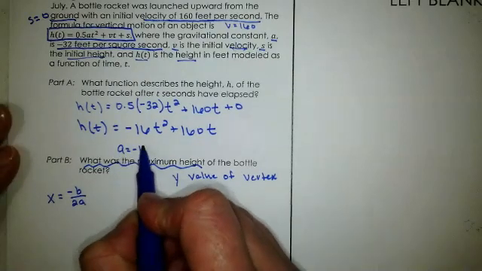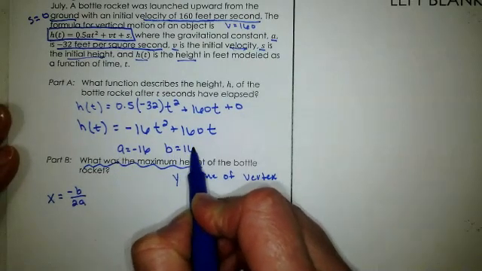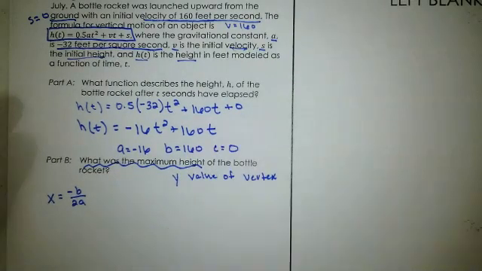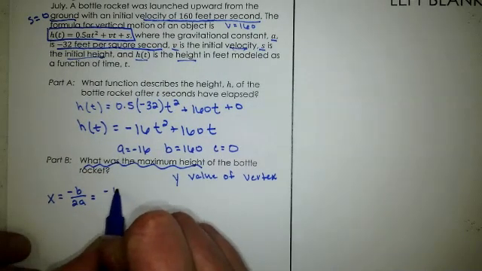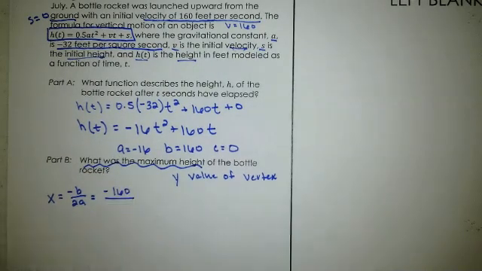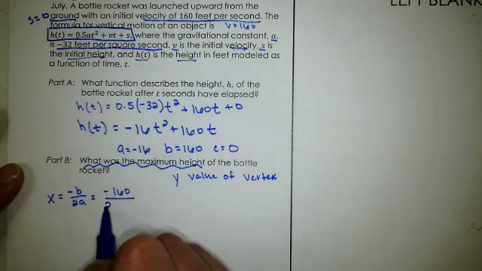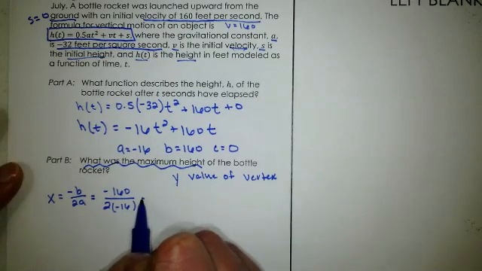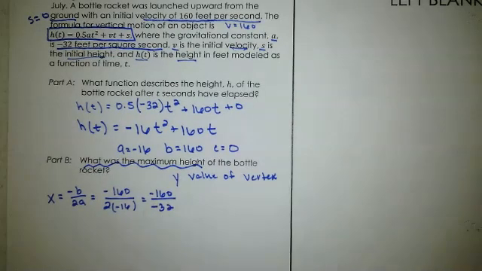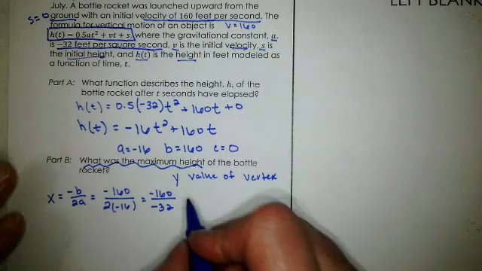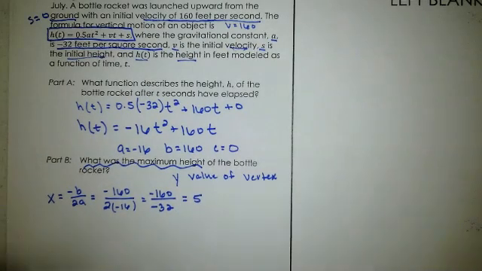A is negative 16, b is 160, c is 0. So plug our numbers in. The opposite of b divided by 2 times a. Negative 160 divided by negative 32 is 5.